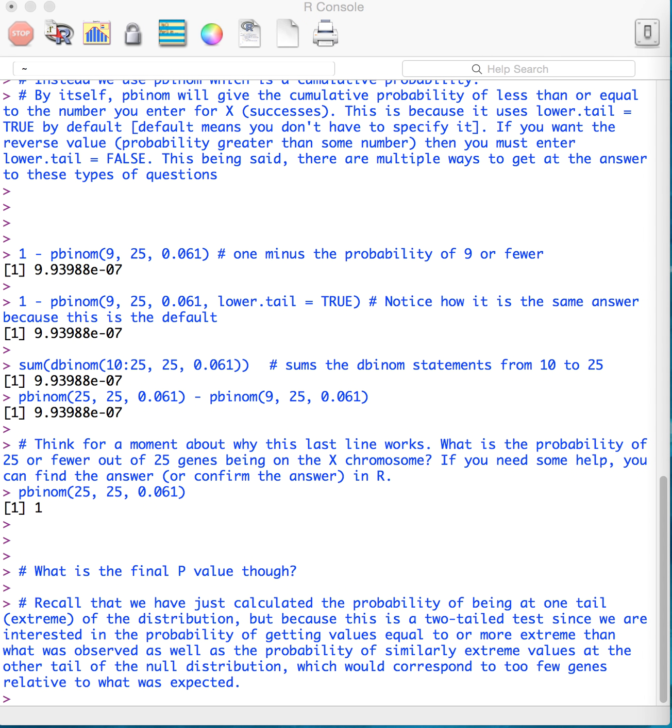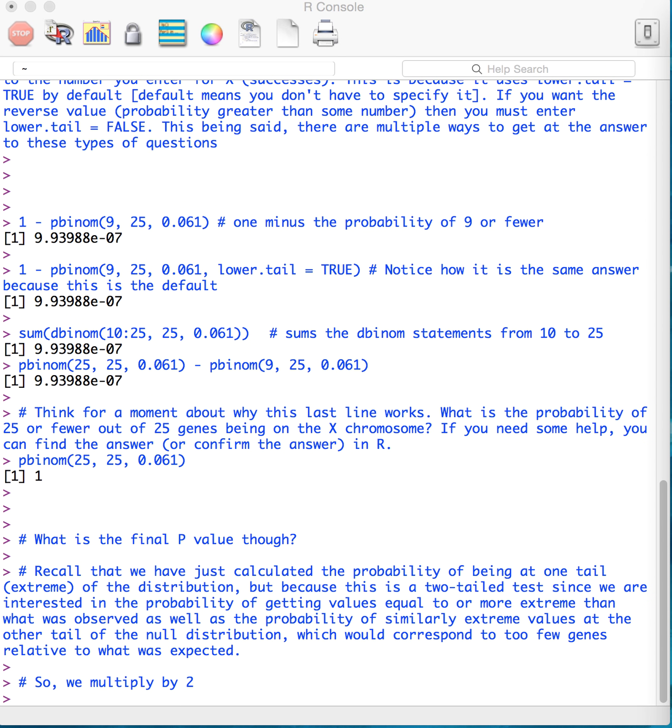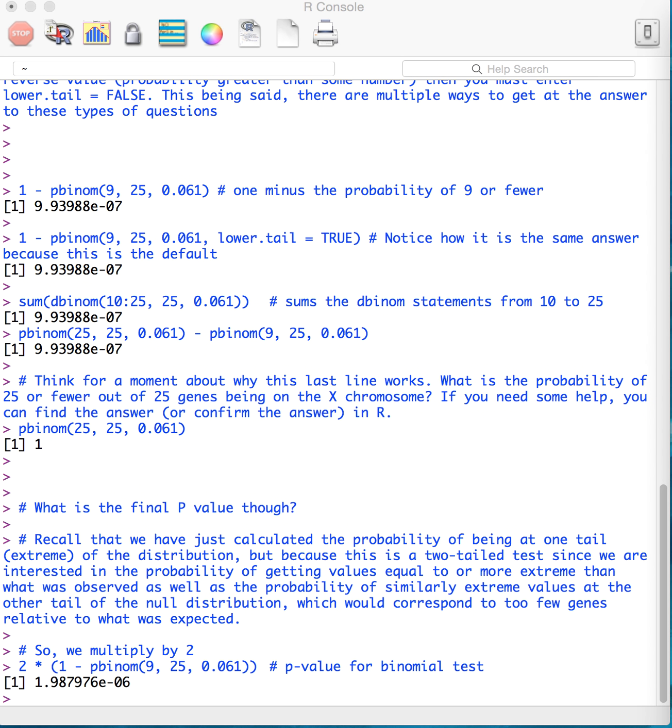In this example, we were curious about the cases where we had as extreme as or greater than, so 10 or greater, or we could be extreme at the opposite end, on the other tail of the distribution. So this is a two-tail test that we're doing here. To get the p-value, all we have to do is multiply the probability that we've already calculated by 2. This will tell us what our p-value for the binomial test is.